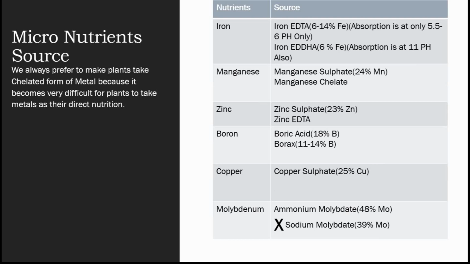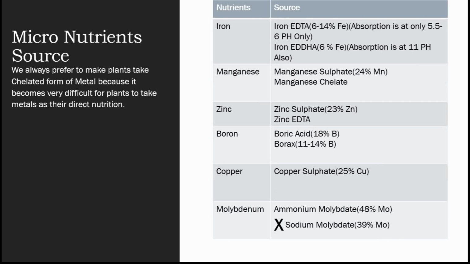It's so that we can easily swallow that medicine. It's so bitter that it is impossible for a human being to take without that covering. So it is coated with a sweeter coat or a plastic-looking material so that it can be easily taken. Same goes with the plants. The metals have to be in the chelated form so that they can be easily taken by the plants.